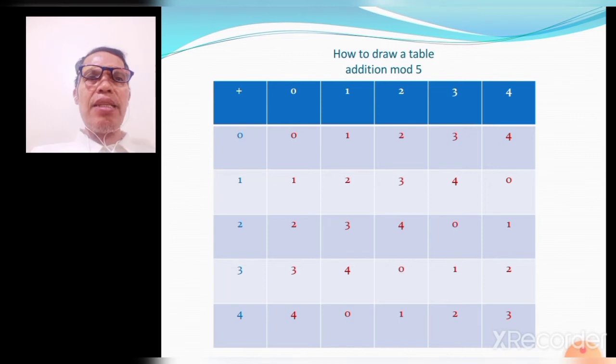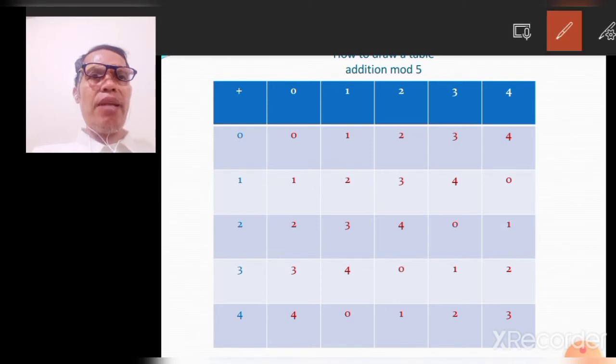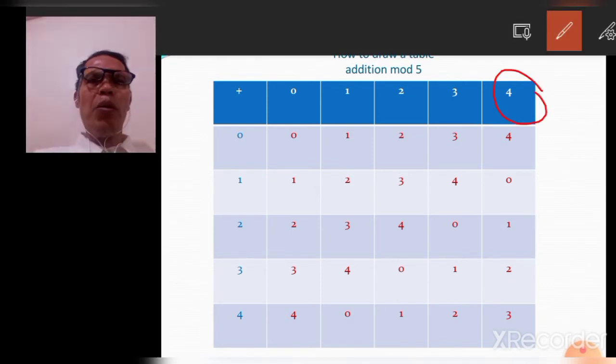In this case, our modulo number is 5. So therefore, 5 minus 1 is 4, which is our last element. So we say that the modulo number tells us the number of elements in the system or in the table or in a set. But if we count 1, 2, 3, 4, there are only 4 elements. So we have to include 0 as one of the elements.